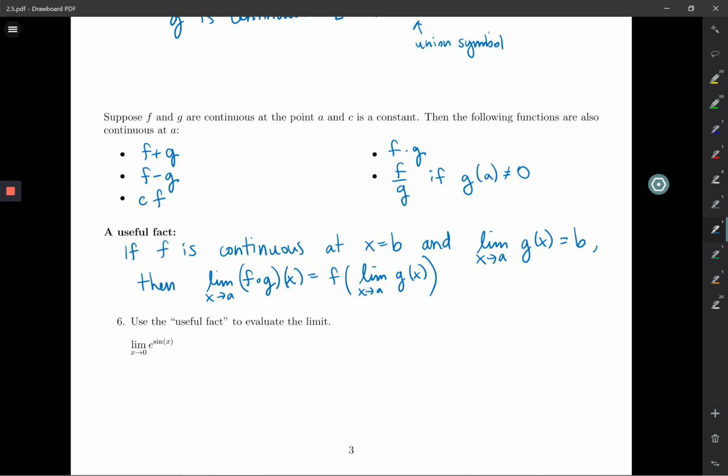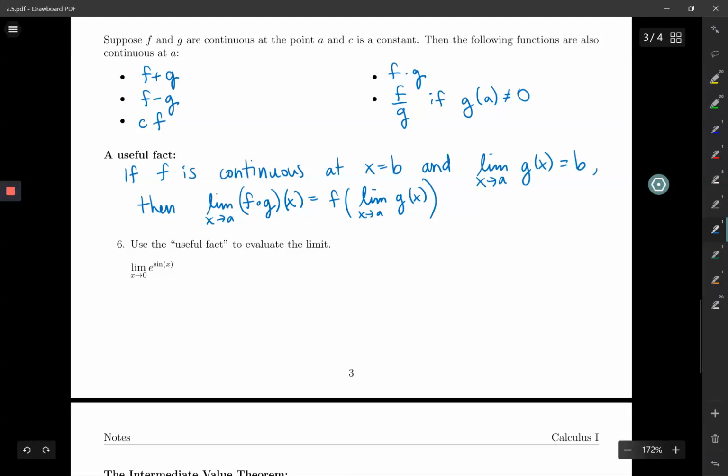Okay, so this is a lot more natural if you do just an example. So here we have the limit as x goes to 0 of e to the sine of x. Now, e to the x is a continuous function. It looks like this, right? An exponential function. It's continuous on the whole real line, so we really don't need to worry about points of discontinuity. And so here our f of x, our outside function, is going to be e to the x, and then our g of x is going to be sine of x.